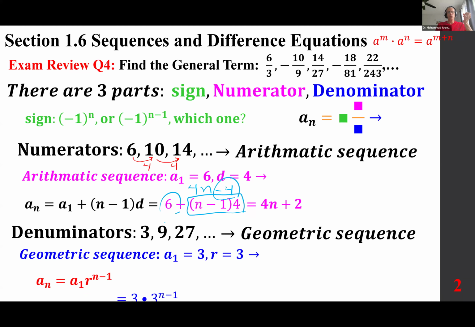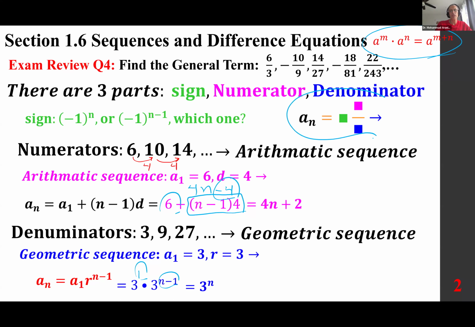So 3 times 3 to the power of n minus 1, reminding you of this product rule. A to the power of m times a to the power of n is a to the power of m plus n. This one has exponent 1, and these two add up. We get 3 to the power of n.